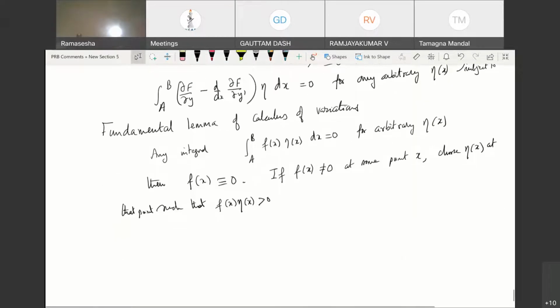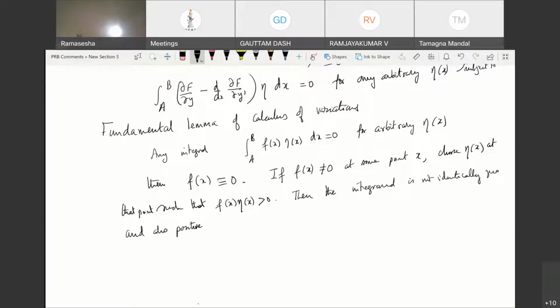And at all the other points where f is 0, it does not matter what you choose eta(x) as. So if this happens, then the integrand is not identically 0. And the integrand is also positive, of the same sign, because you have taken f(x) eta(x) greater than 0 whenever f(x) is not equal to 0, which means the integral is non-zero.